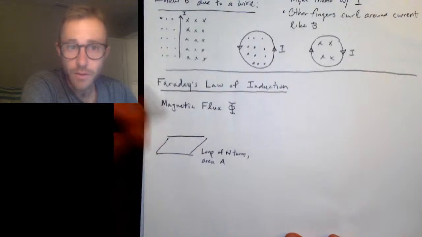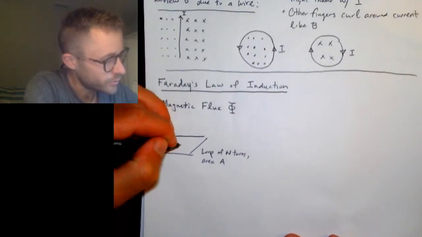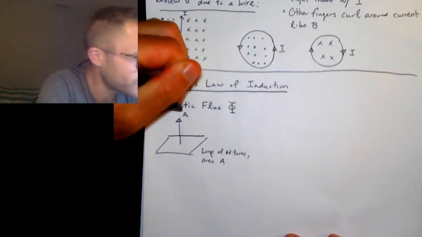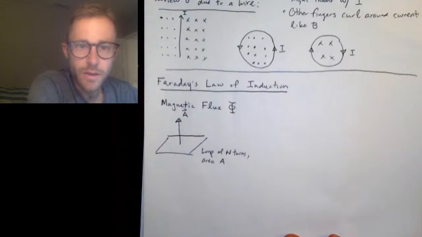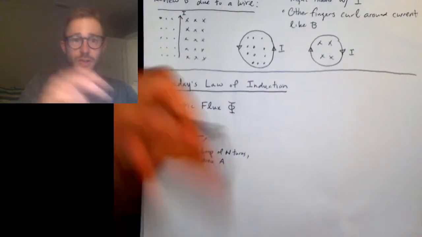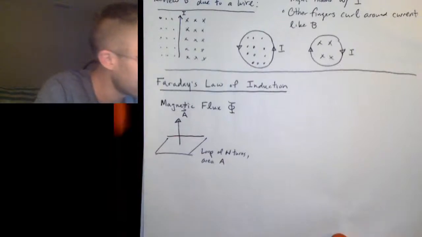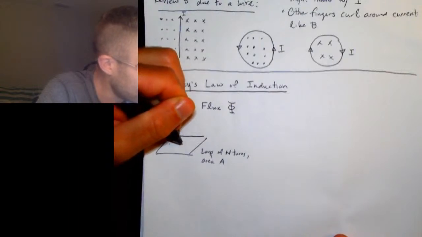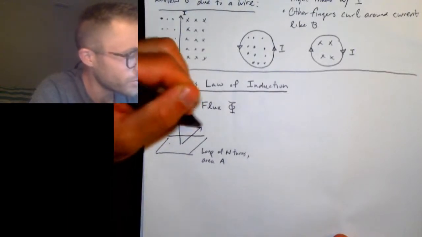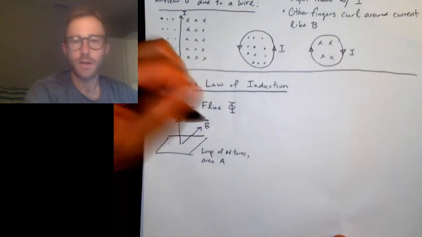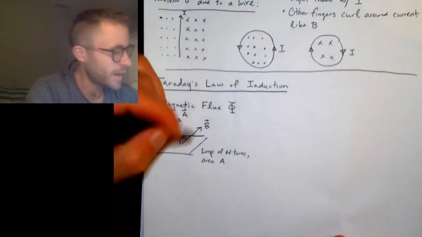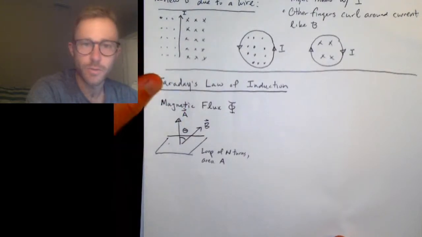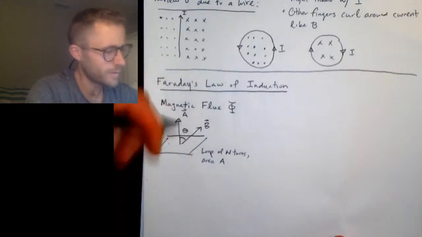That loop has an area vector, like we discussed before. And then there is some kind of a magnetic field that is threading the loop, passing through the loop, and that magnetic field makes an angle of theta with the vertical, or with the area vector.